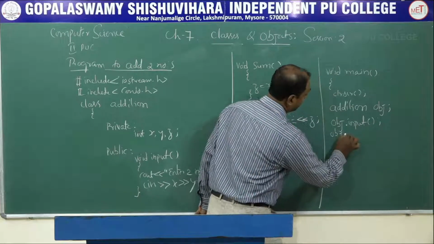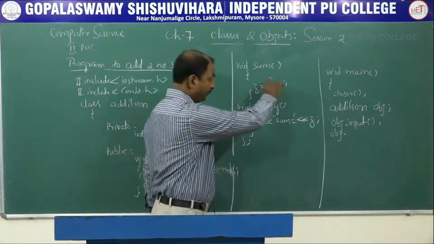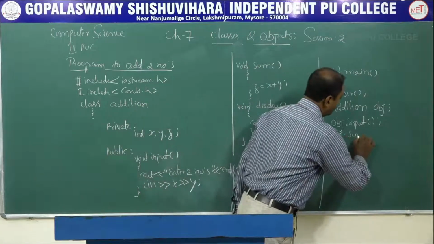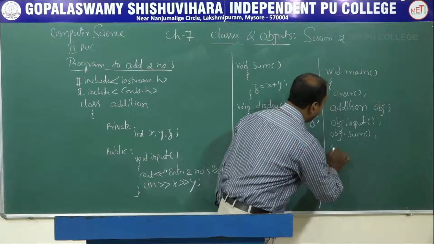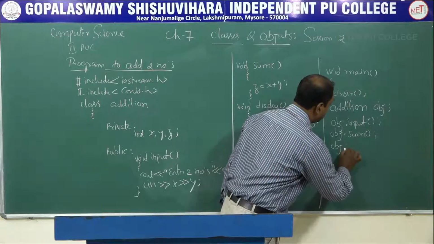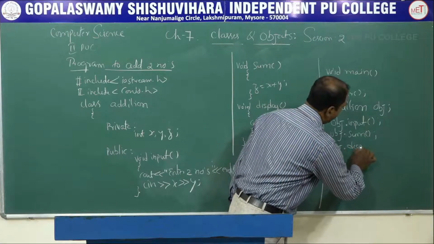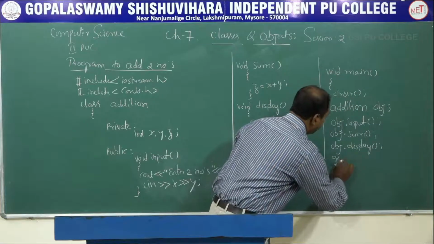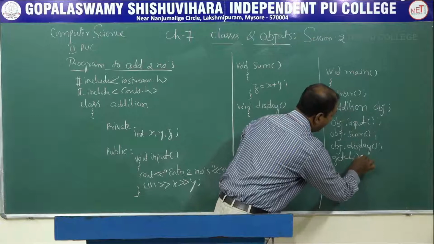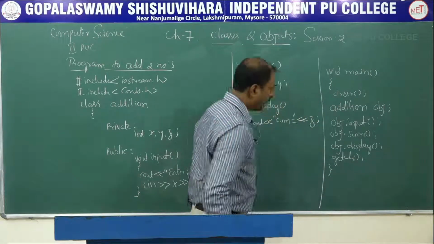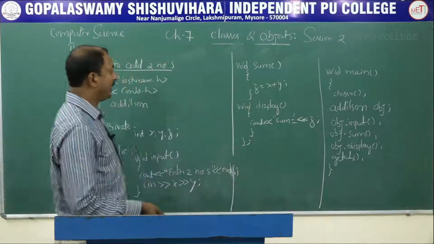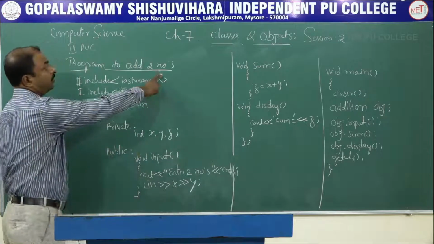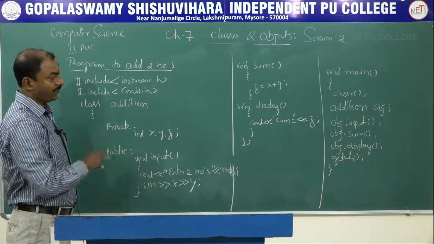Similarly, the next function is obj dot sum, and the next function is obj dot display, and normally we write getch at the end, and I'm closing this. So students, this makes a complete program for addition of two numbers using class and object in C++.